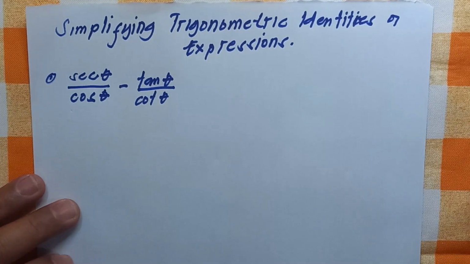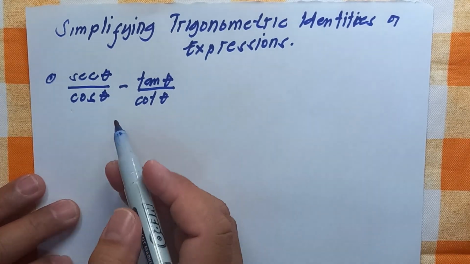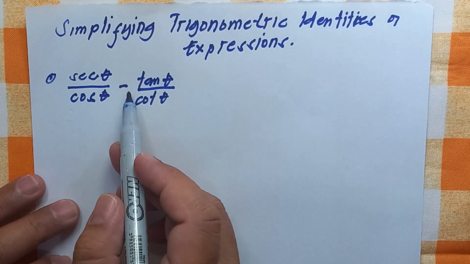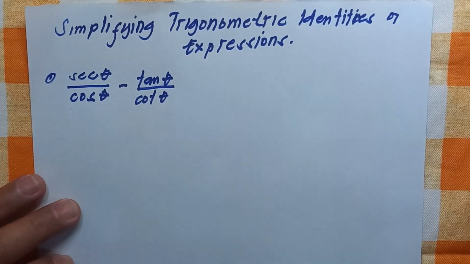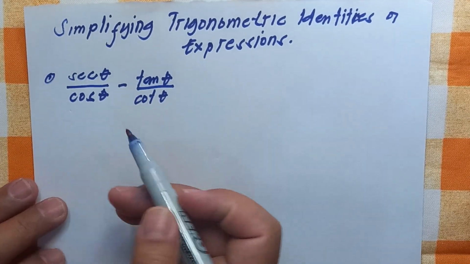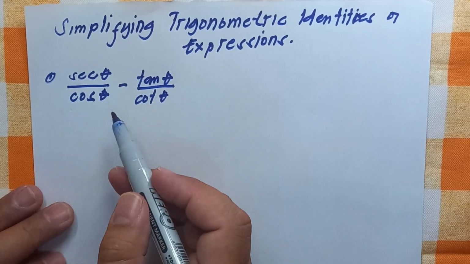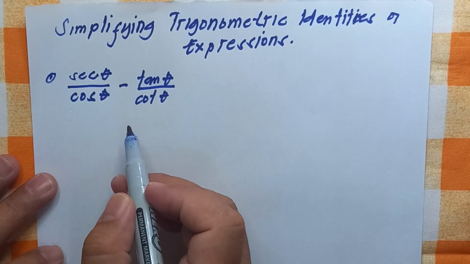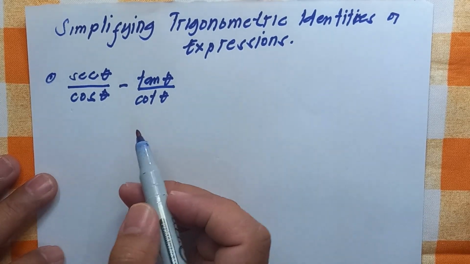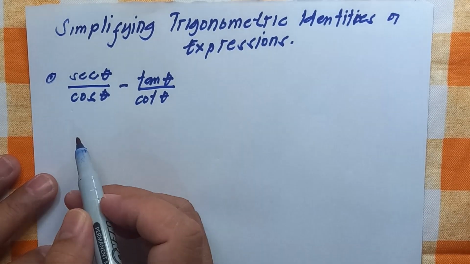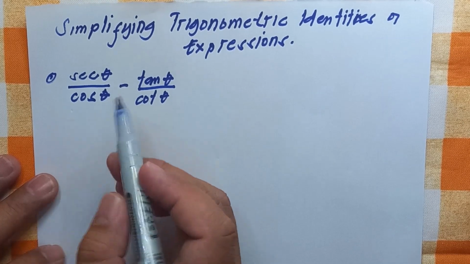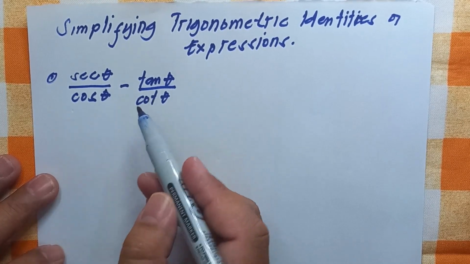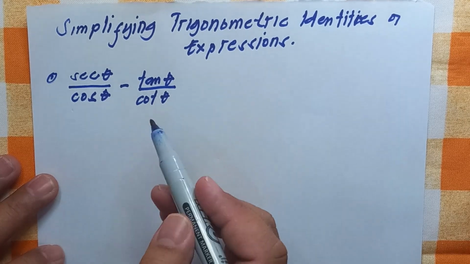But of course, if we are going to reduce this one or simplify this one, now we have to involve the operation. We have the subtraction of rational expressions, so that if we are given this kind of problem, we might be subtracting them first before we are going to convert every identity that we can see in here, the secant, the tangent, the cotangent.